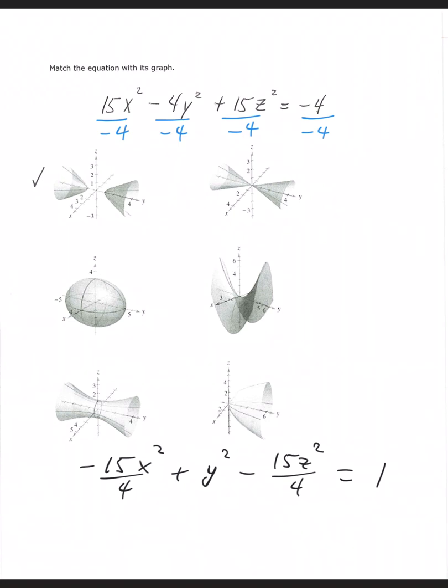We notice that we have 2 negative terms and 1 positive term, and all 3 variables are on one side equal to 1. So when 2 of the 3 are negative, you have a hyperboloid of 2 sheets. Now, I'm going to write these with the positive term first.